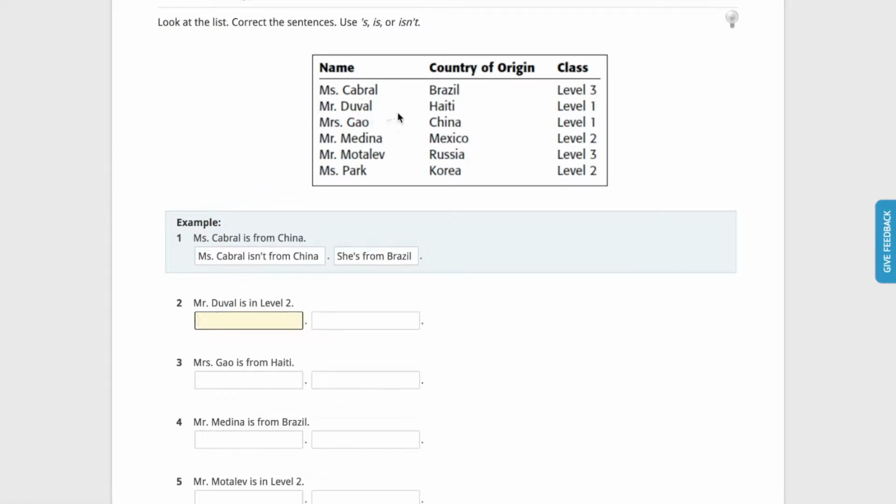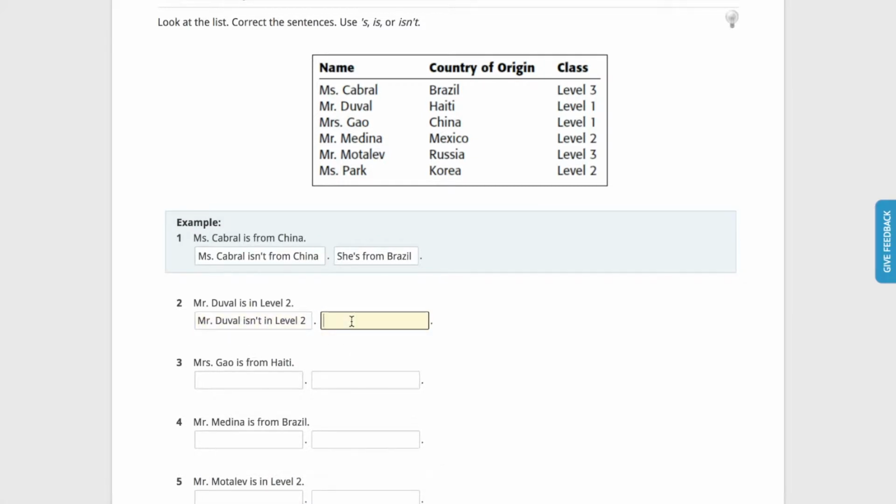Mr. Duval from Haiti is in level 1. Okay, so let's put Mr. Duval isn't in level 2. So what level is he in?